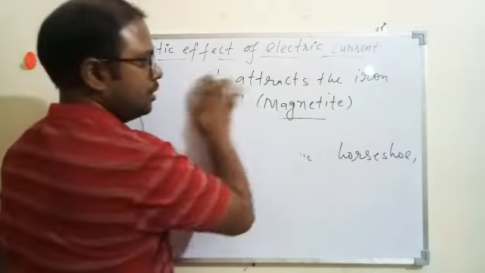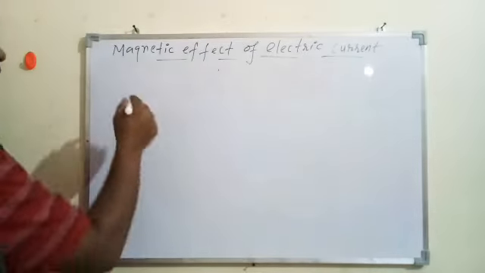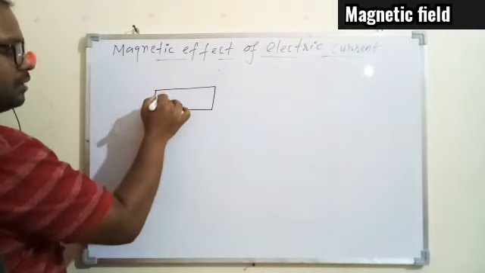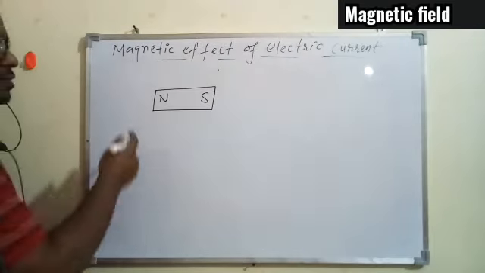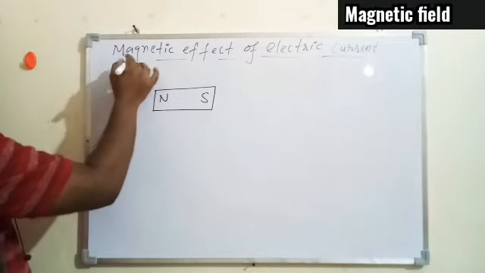Now next thing we know, if we have a magnet placed anywhere, any magnet has two poles, north and south. The north pole and the south pole are the two different poles of the magnet that we have done in class 6 also.